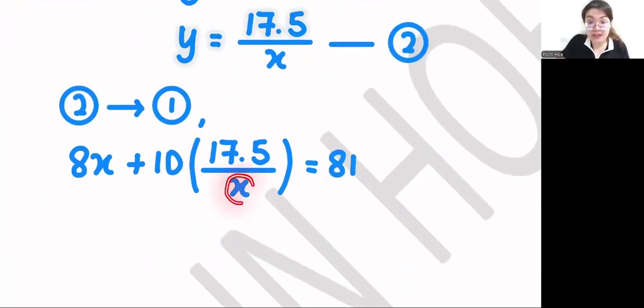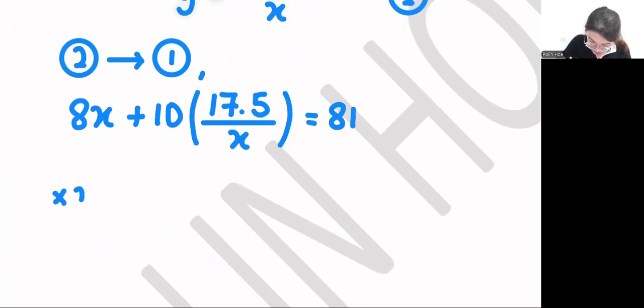This one has over x, so everything you need to multiply by x. 8x squared plus, the x will disappear because I multiplied by the denominator already.